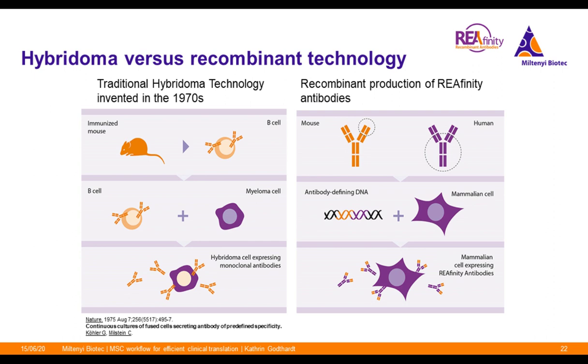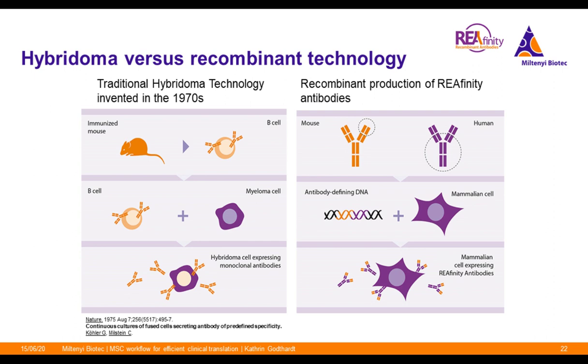The hybridoma antibodies are quite an old technology. They were used in the old antibody kits. So this technology is from 1970. Antibodies are produced as a hybridoma in mouse and then later on in the hybridoma cell culture.